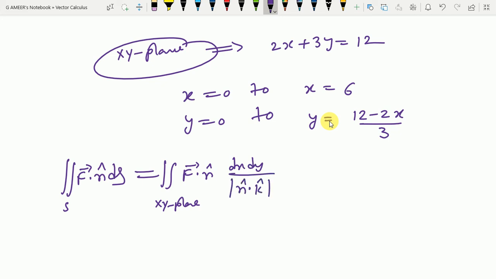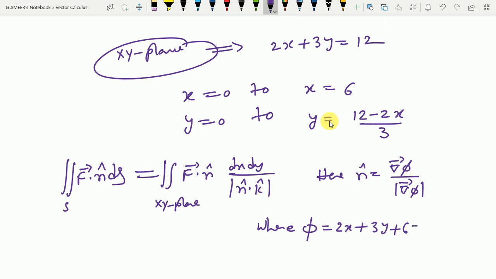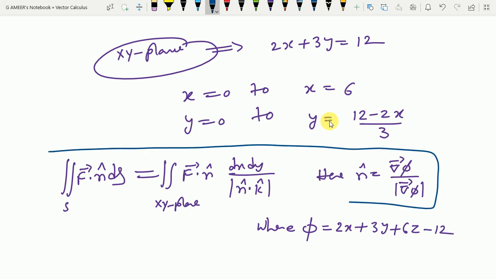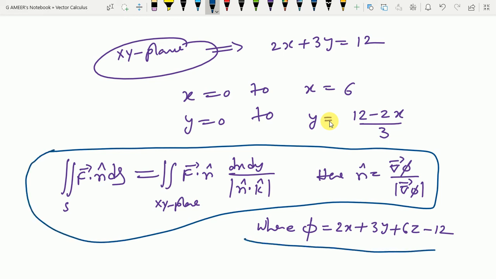Here n cap will be the gradient of phi divided by its magnitude, where phi is given by the surface equation, phi is equal to 2x plus 3y plus 6z minus 12. This is very important, guys. I have written what phi is here.